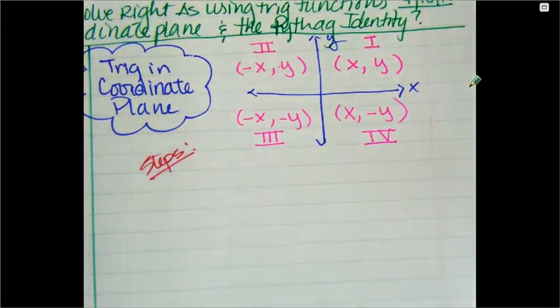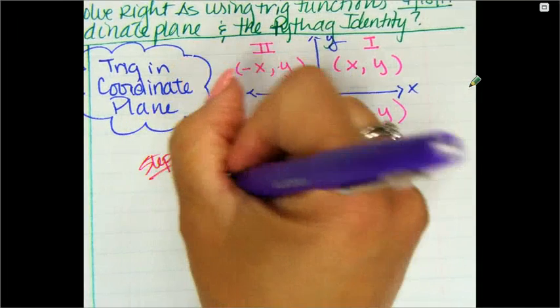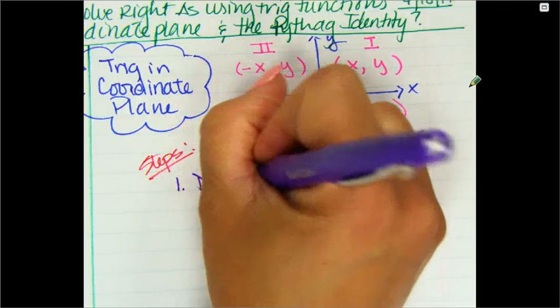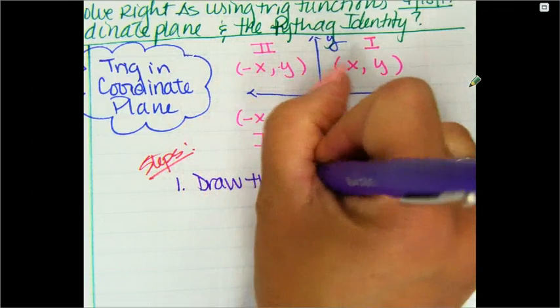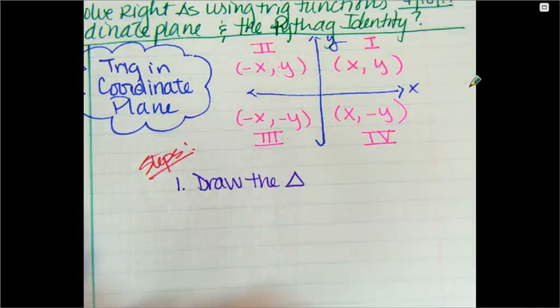The steps. Okay, same steps kind of like the other day. What's the first step you had to do? Draw a triangle from 0, 0. Well, the line was there last time, but we have to draw the triangle now.